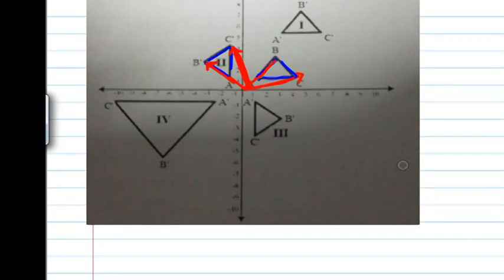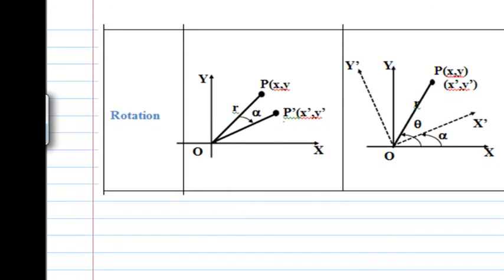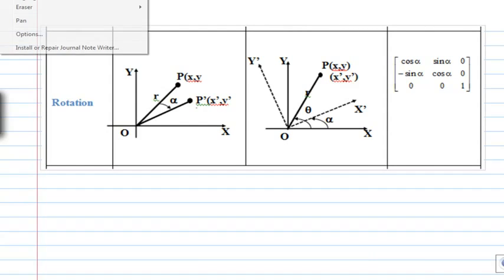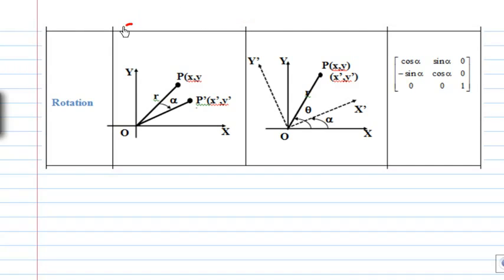So let's recall the matrix of rotation of 90 degrees. Let's look at a picture rotation object shown in the course book here.